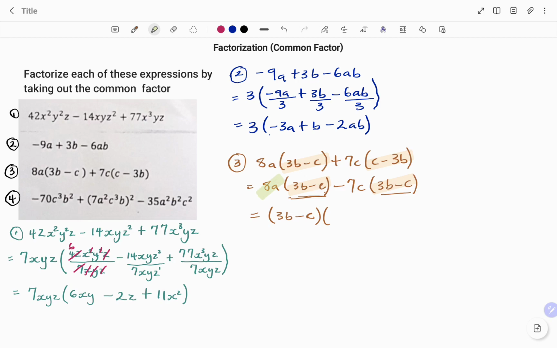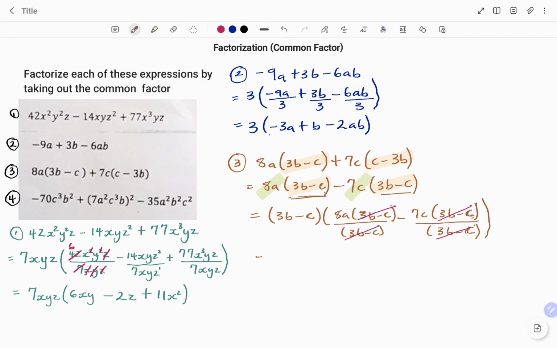What am I left with on my left? I have 8a and -7c. Or if I go through the long route, I still have 8a(3b - c) divided by my factor, which is 3b - c, minus 7c(3b - c) divided by my factor, which is 3b - c. Then 3b - c in 3b - c, that's 1. 3b - c in 3b - c, that's 1.